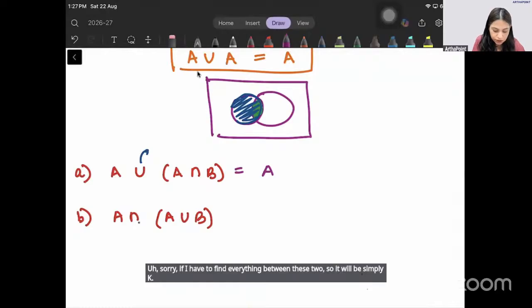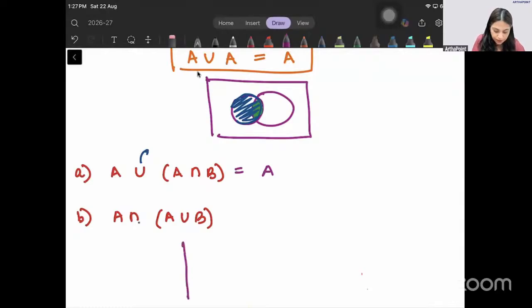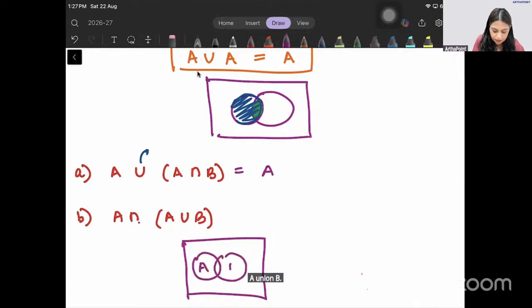अब यहां पे देखो, A union B means this. A intersection, A union B means I have to find the common. So it will be this. So I will get A in both cases.